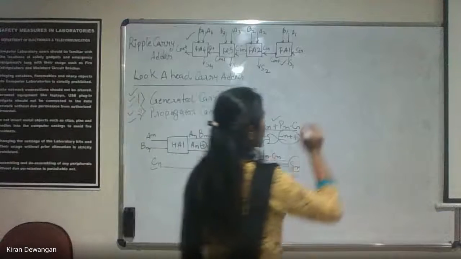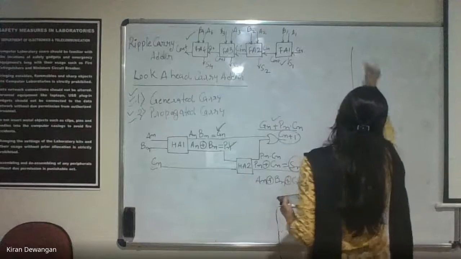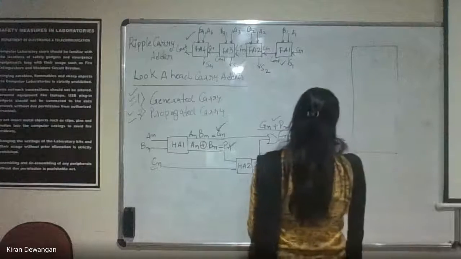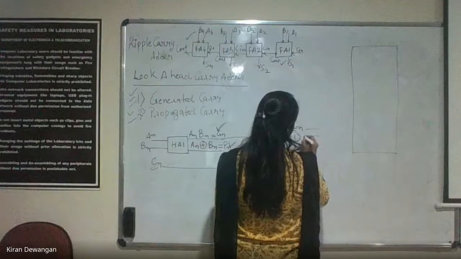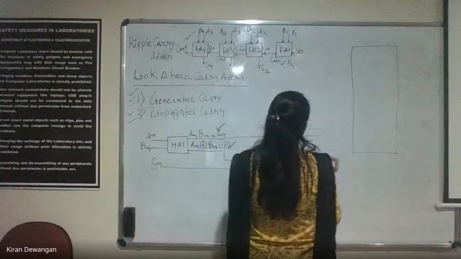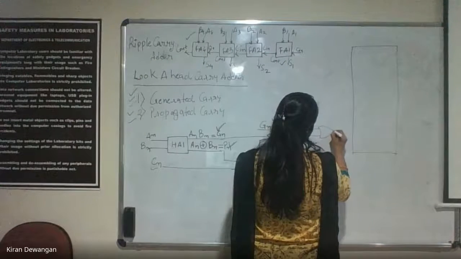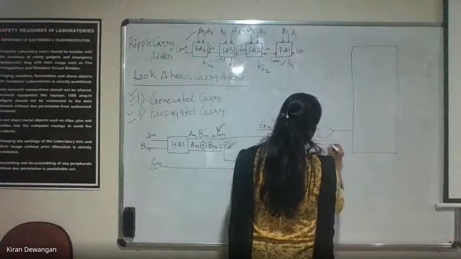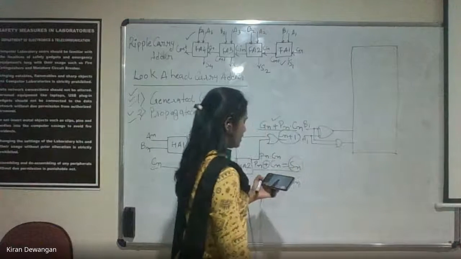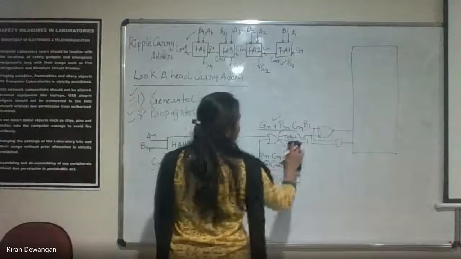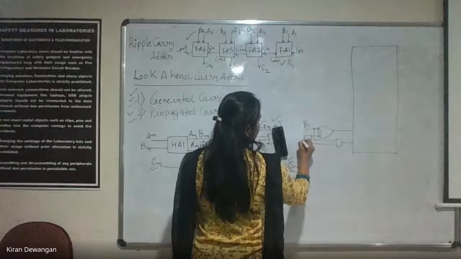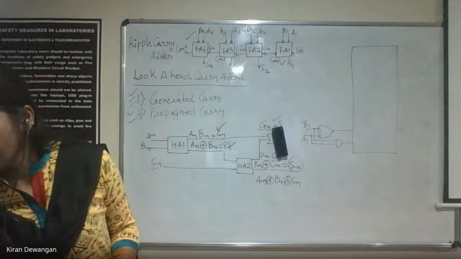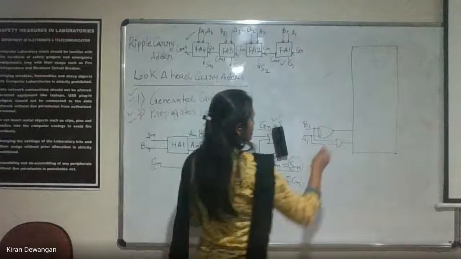So basically, when we draw a look ahead carry adder, I am giving A1, B1 to a half adder, the first bit A1 and B1, and I have given it to the XOR gate.